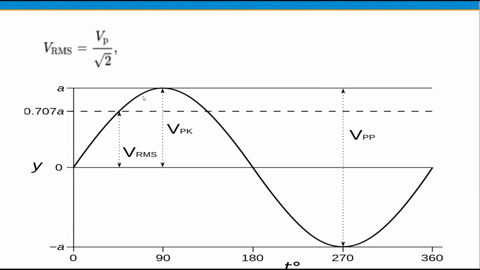So 0.707 times the peak value is going to wind up giving you that 120 volts, which says it would generate the same amount of heat or do the same amount of work as 120 volt DC. So that makes RMS very useful. Yeah, that's why you use it.